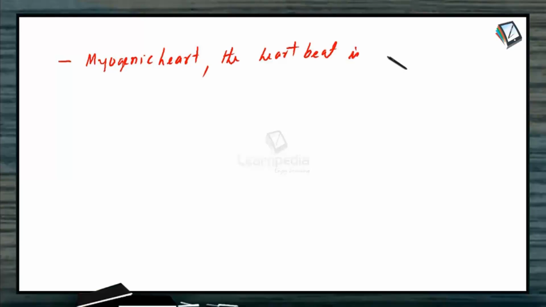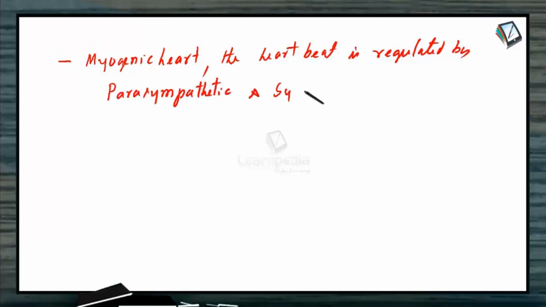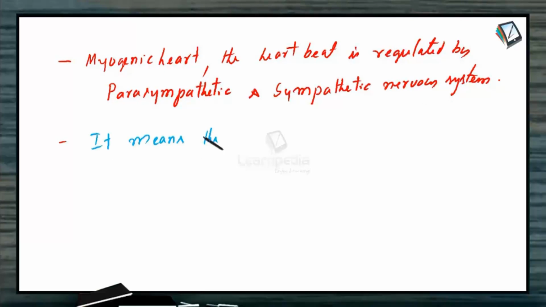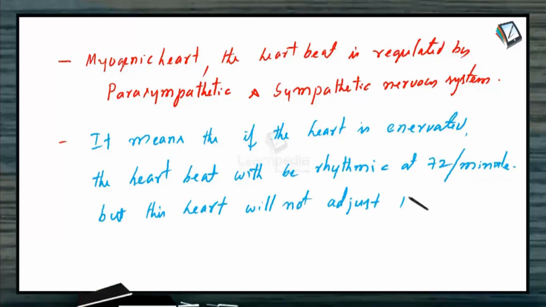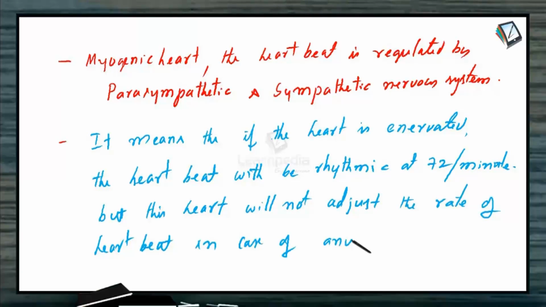Here I would like to tell something about the vertebrate heart, that is the myogenic heart. In a myogenic heart, the heartbeat is regulated by the autonomic nervous system, that is the parasympathetic and sympathetic nervous system. It means that if the heart is innervated, the heartbeat will be rhythmic at 72 times per minute. But this heart will not adjust the rate of heartbeat in case of any stress.